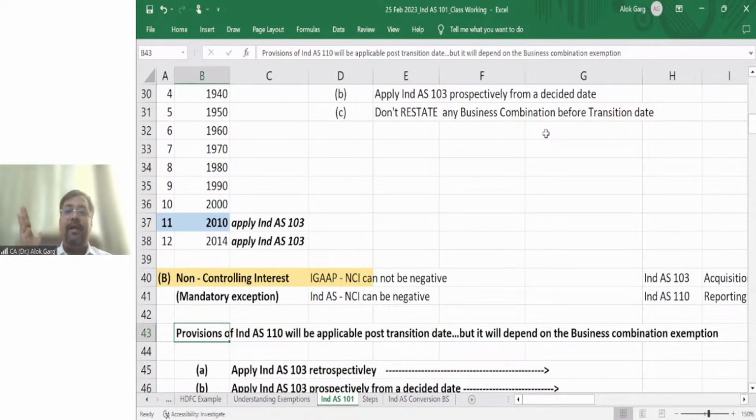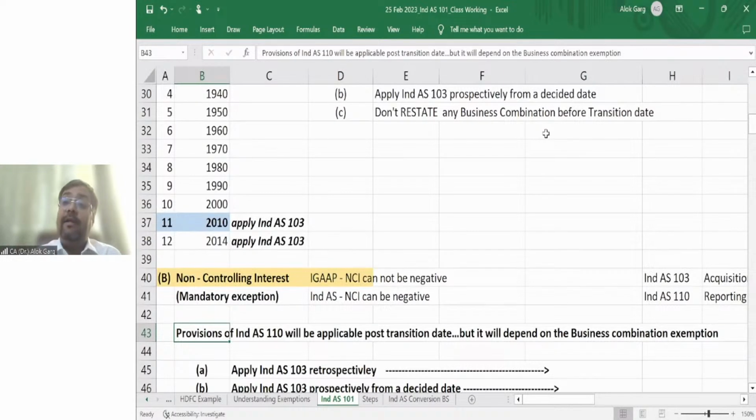So whatever reporting date falls after transition date, only in those cases Ind AS 110 will be applicable. But I have told you 110 and 103 is a link standard. So 101 is saying that 110 provision will be applied prospectively after the transition date.